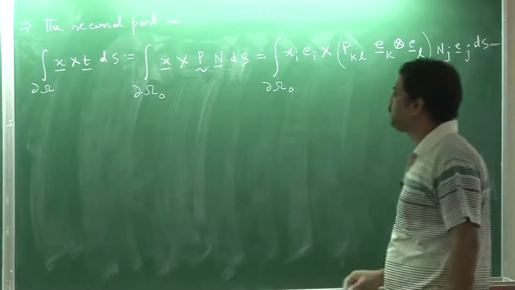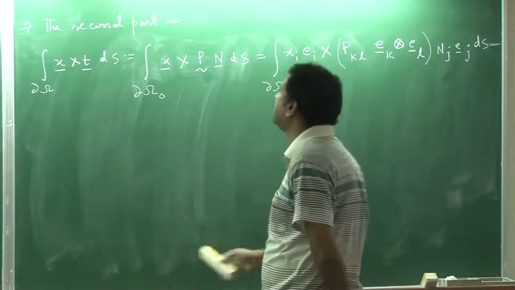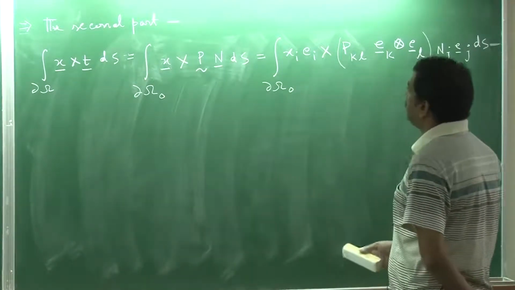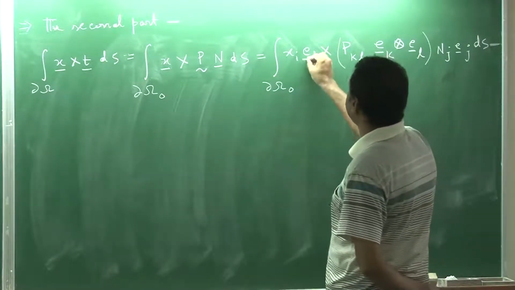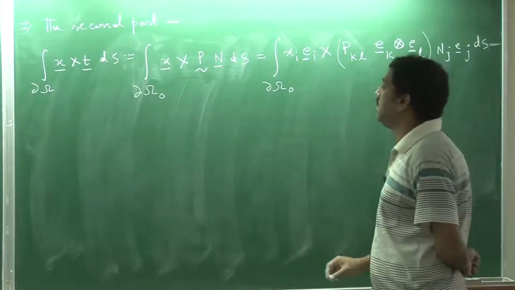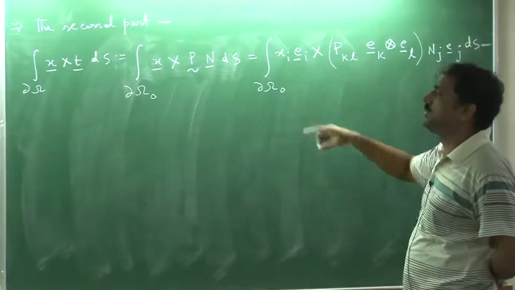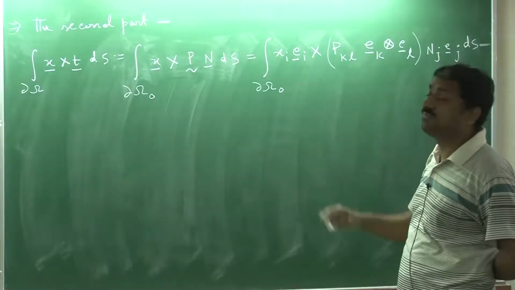Please see that. Mind that here, all these unit vectors are with respect to what? The undeformed configuration. So, instead of using small e, I could have also used capital E as well, because this is referring to the undeformed configuration.